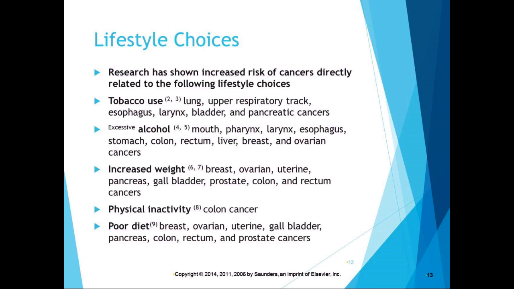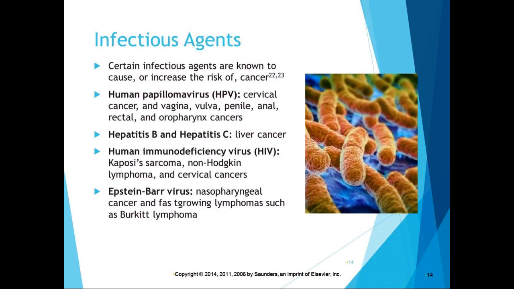Physical inactivity, colon cancer. And we know from the last module that physical inactivity has a lot of other consequences. Poor diet can be related to cancer. So lots of different lifestyle choices. All of these things we can change: tobacco use, alcohol use, overweight, inactivity, and a poor diet. We can change all those things, yay, because we don't have control over other things.